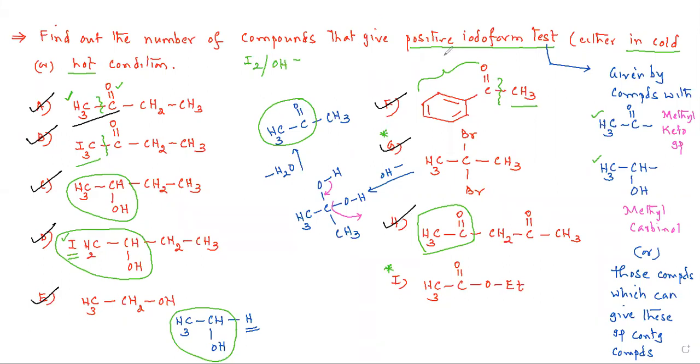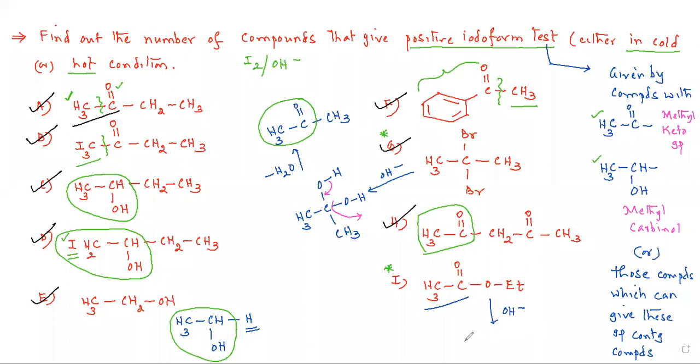Special because it is actually an ester. Of course, it is having a methyl keto group, but still, it's neither a carbonyl compound nor an alcohol. But see how it gets converted into compounds with those groups.